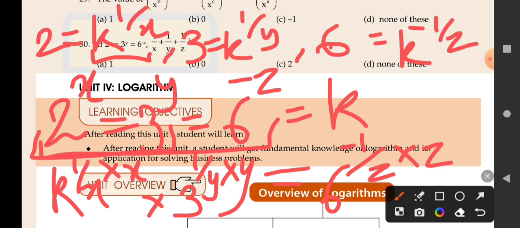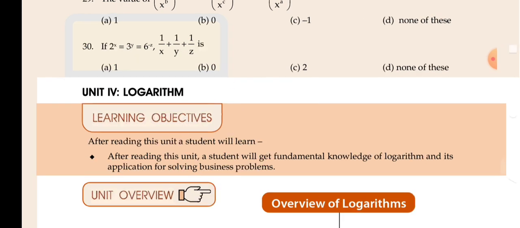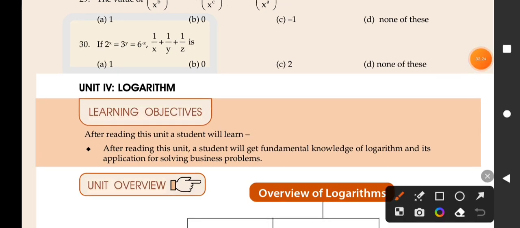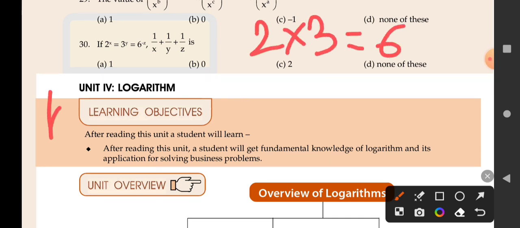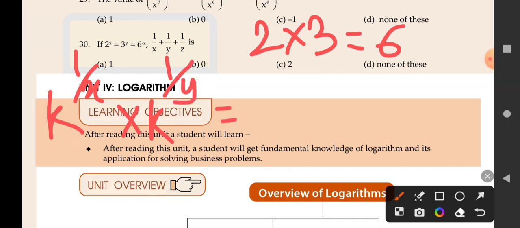Okay, so let me simplify it again. 2 into 3 equals 6. So k raised to 1 by x into k raised to 1 by y equals k raised to minus 1 by z.